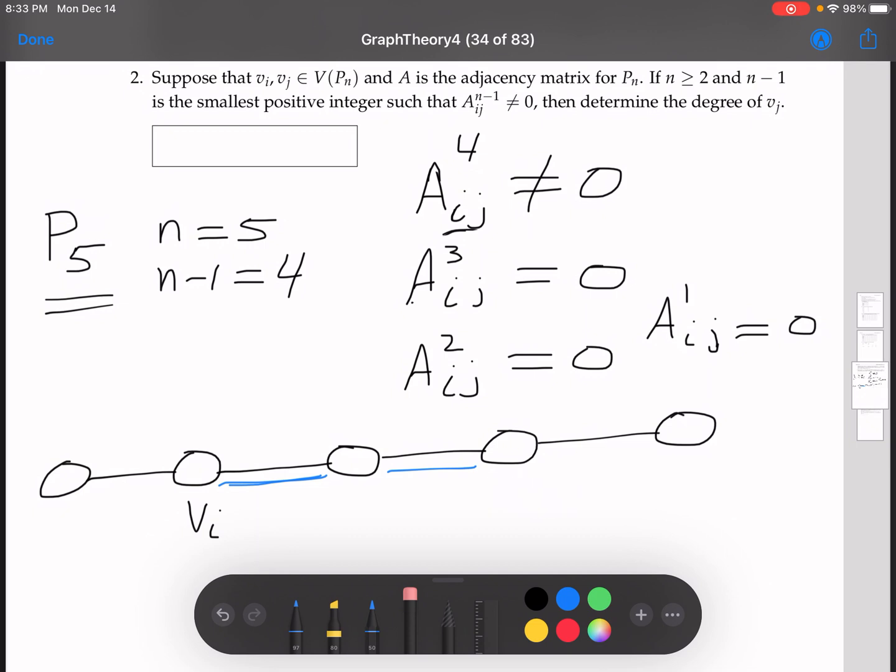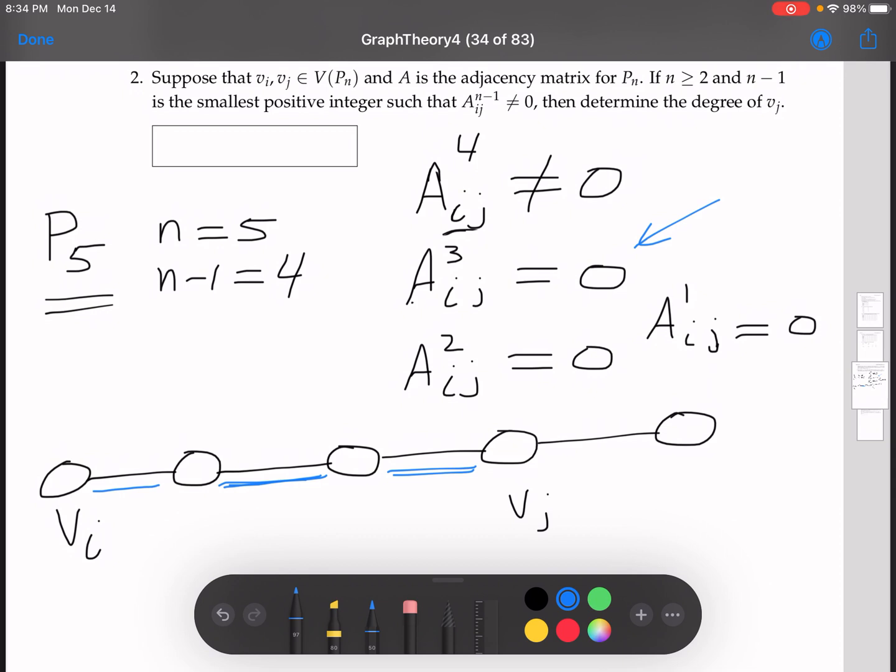Is it possible that that's vi and that's vj? And again, no, it's not, because then we'd have a 3 edge walk from vi to vj, and that would not be 0.